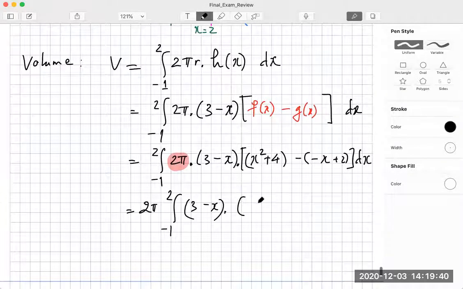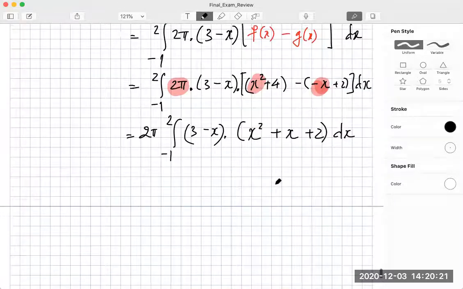This is minus x squared, and the second one will be plus x. And then 4 minus 2 gives us 2 here. Are we good up to this point? Very good. Thank you. So now it becomes an easy one.